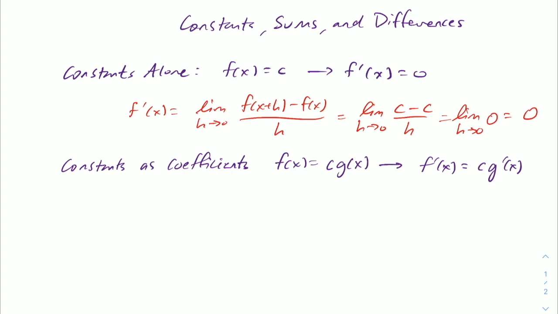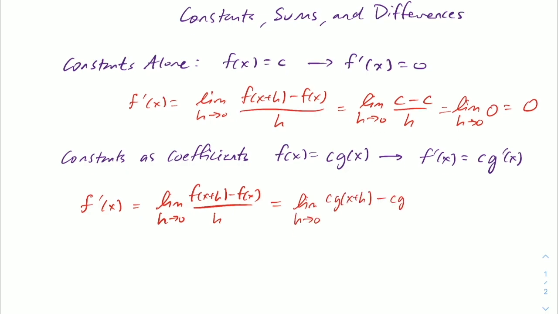The derivative of f is going to be the limit as h goes to 0 of f of x plus h minus f of x all over h. And what is f of x plus h? Well, that is c times g of x plus h, and f of x is c times g of x.